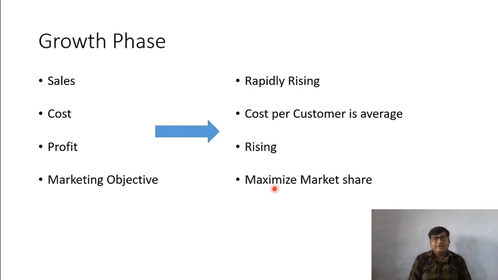Take an example of the Jio SIM card. In the introduction phase, after acquiring 4G spectrum, which cost them so much money, they built all these towers, which also cost them money, and then they introduced their SIM card free of cost for 1 year.